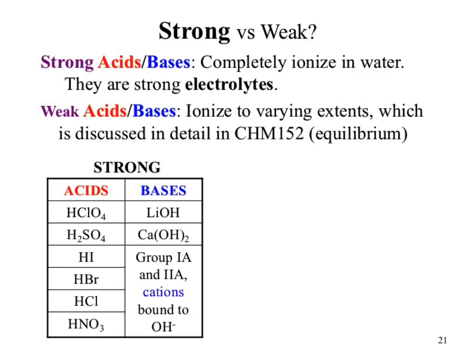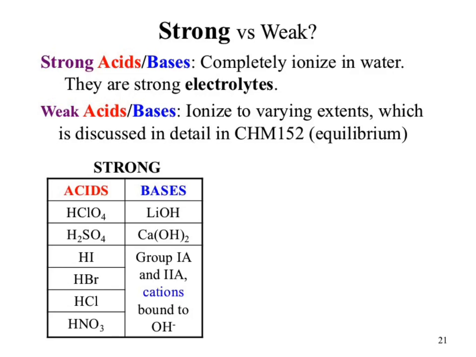Same kind of thing happens with our bases. Remember our bases, we're going back to the Arrhenius definition, hydroxide, completely ionize when they hit water. What substance would completely ionize with hydroxide? Meaning we go back to our solubility rules, and in our solubility rules, what things would always be aqueous with hydroxide?